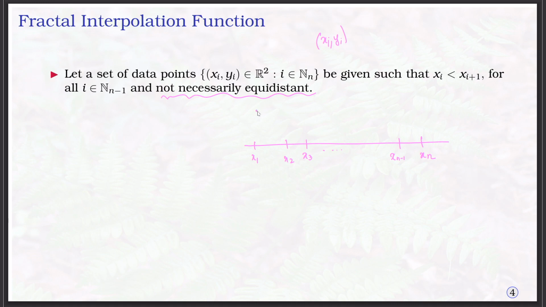So x1 corresponds with some y1, x2 with y2, x3 with y3 and so on, up to y n minus 1 and yn. So now we have this type of data set. Here one can understand that the xi's may be equidistant or not equidistant. We can take different intervals also when constructing the IFS.